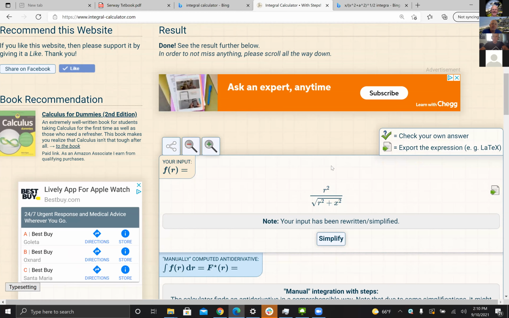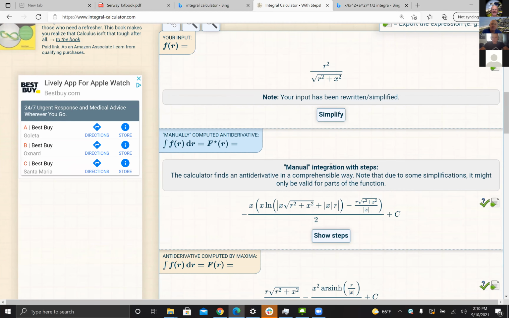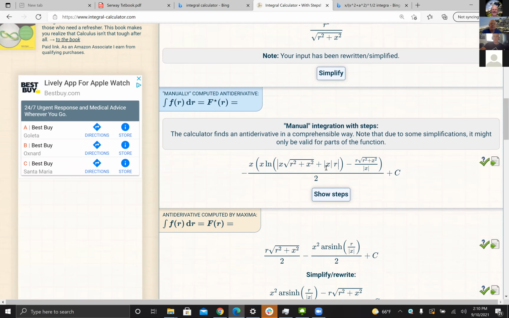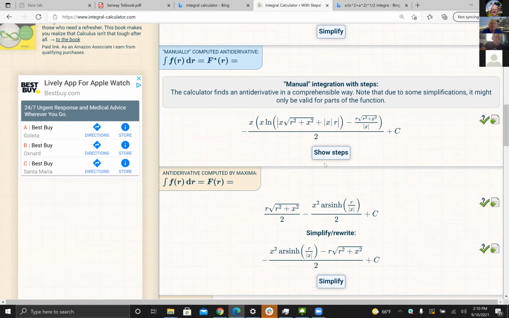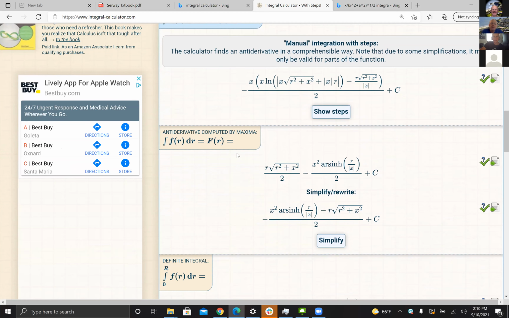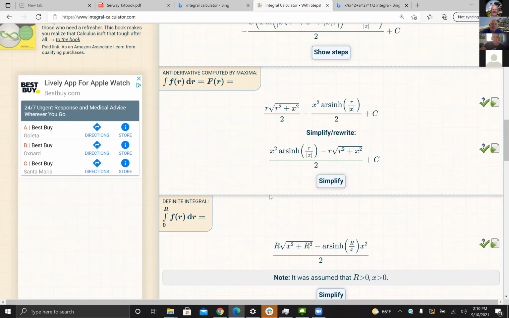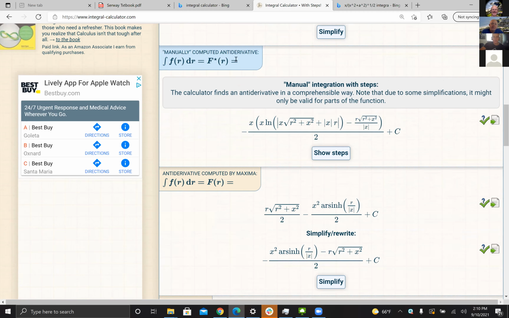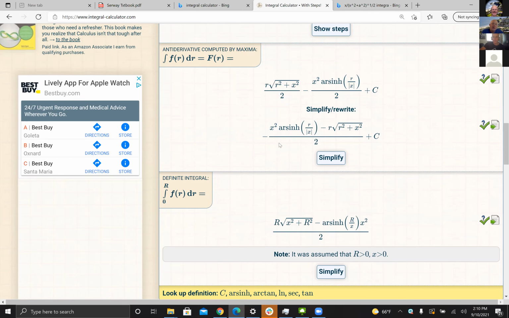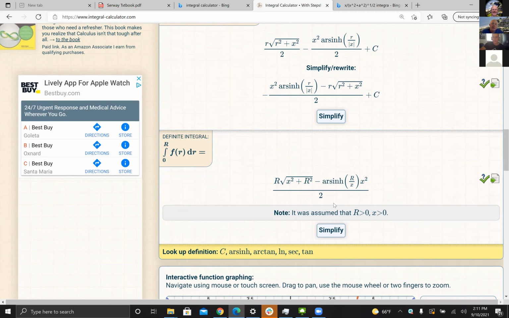My calculator can do some manual integration too, which is nice, but it's kind of easier on the computer to type this in. Compute the definite integral. So this is just the manually computed antiderivative, and then when you plug in the numbers, we get something like that.